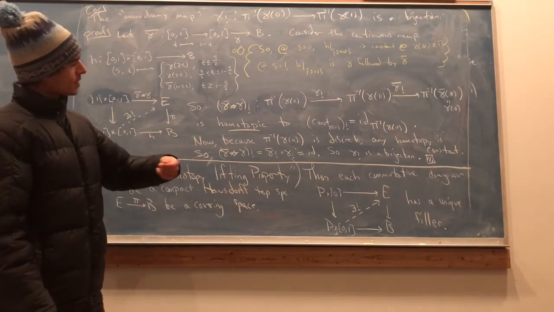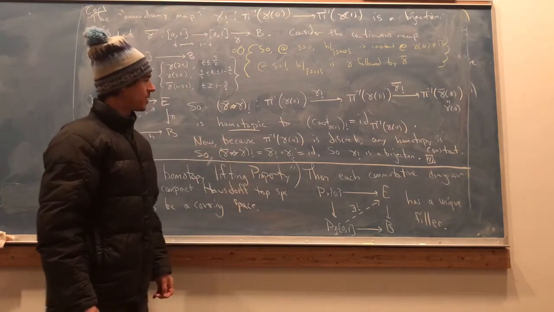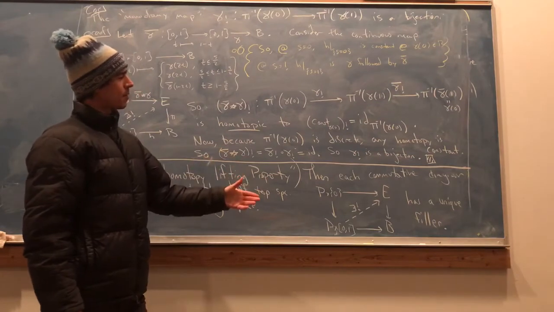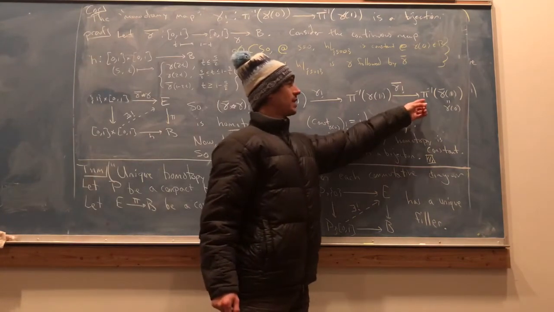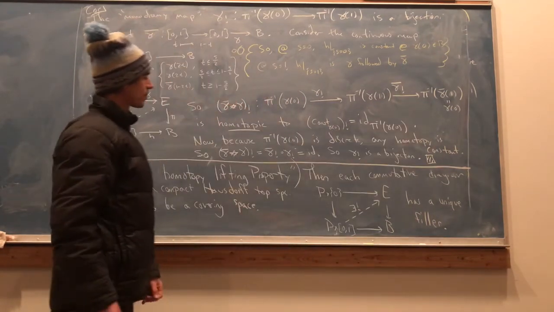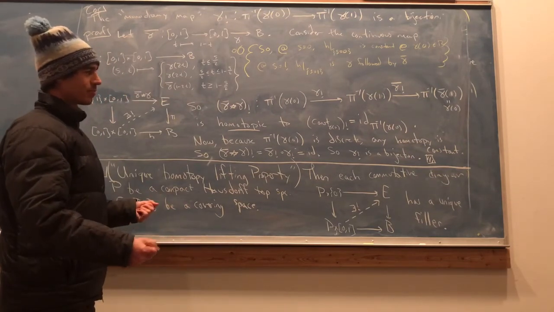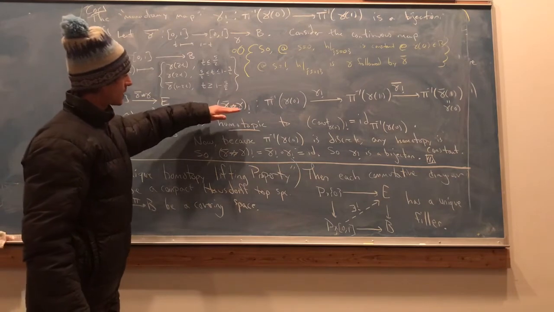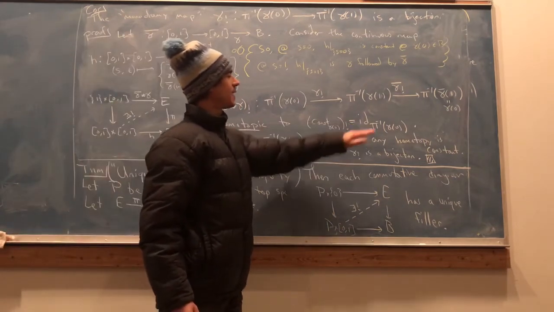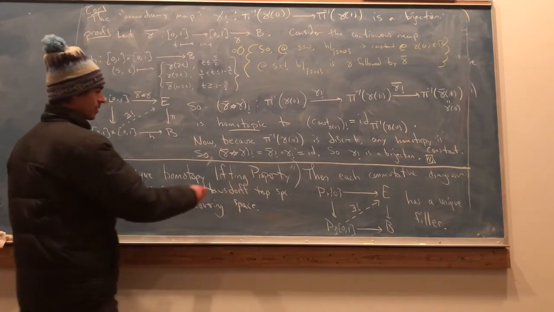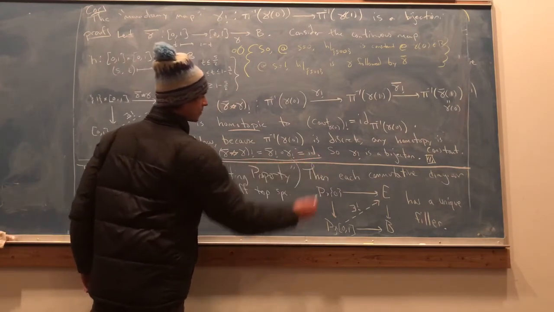But to have a homotopy between two continuous maps to a discrete topological space is just to say that those two continuous maps, in this case this one and the identity, are equal. So that's what's written here.